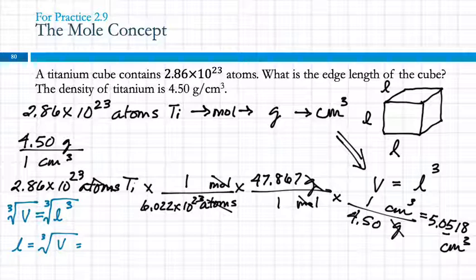I want to use my unrounded volume. I've got extra 2 digits on it. I'm going to use that one here. I'm going to take the cube root. So I don't use that button very often.